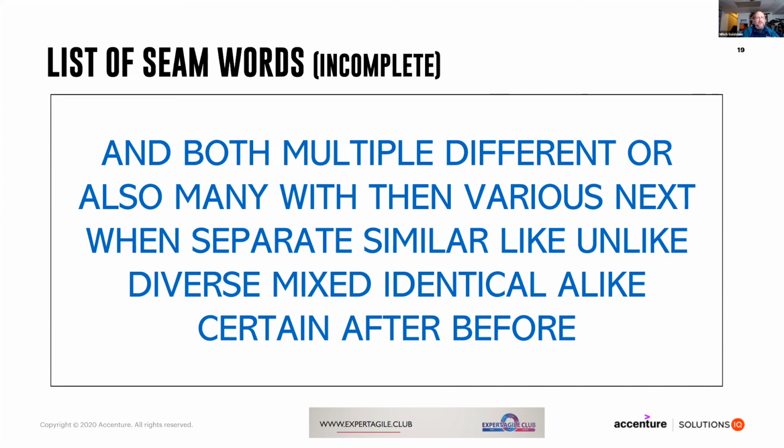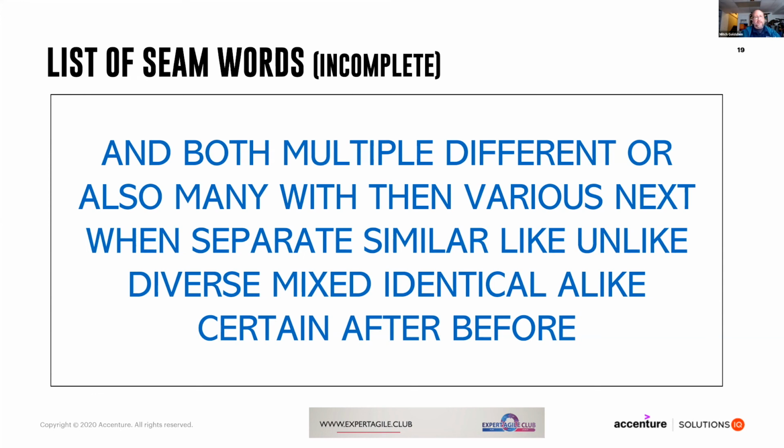All of these words, which I call seam words, these are all words that if you see these words in a user story, there's a good chance that that user story can be split. For example, if I say something like or unlike, that implies that there's two things that I'm comparing. If so, that's an opportunity to split that story on a seam.